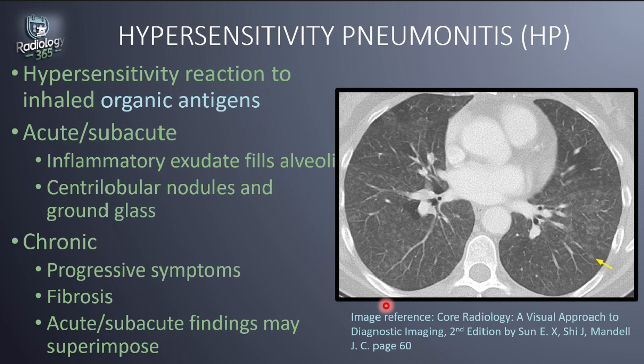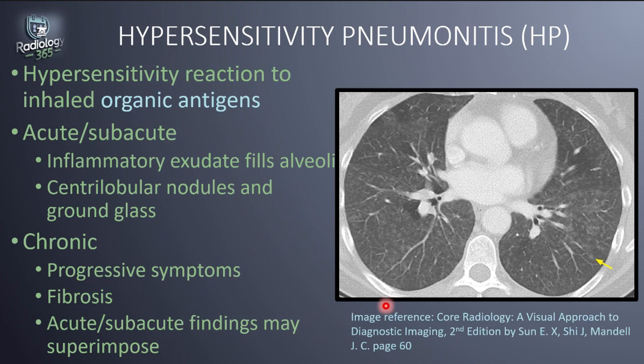Hypersensitivity pneumonitis is a common lung disease that is caused by hypersensitivity reaction to inhaled organic antigens. Now, the key word here is organic antigens like bird proteins or thermophilic actinomycetes. Although most of the time, let's say a third of the time, patients would not report having exposed themselves to some antigen.